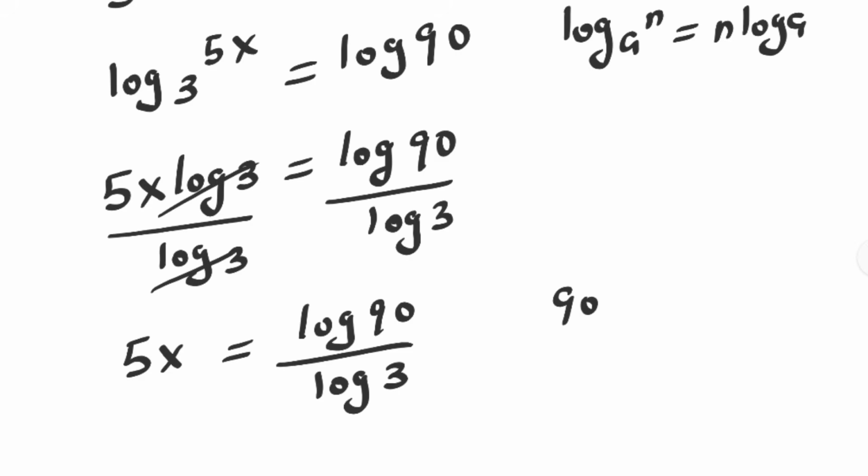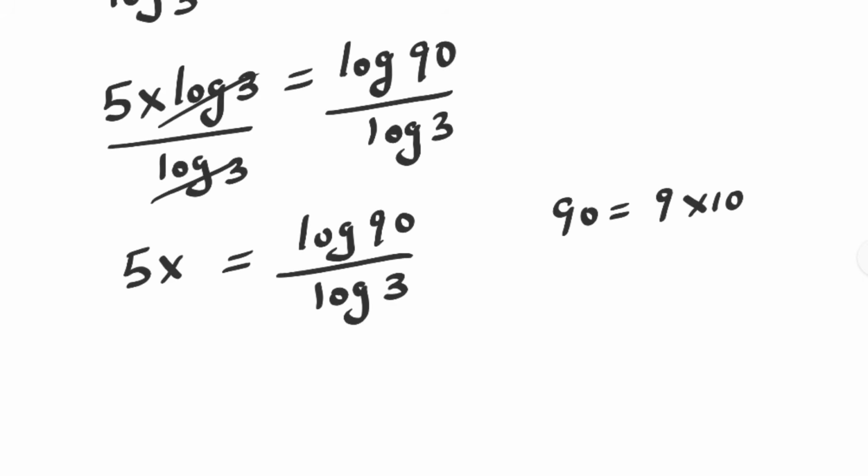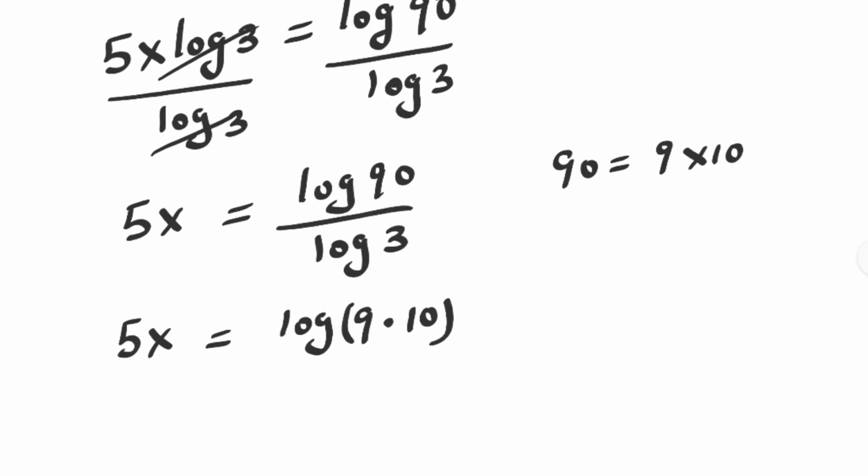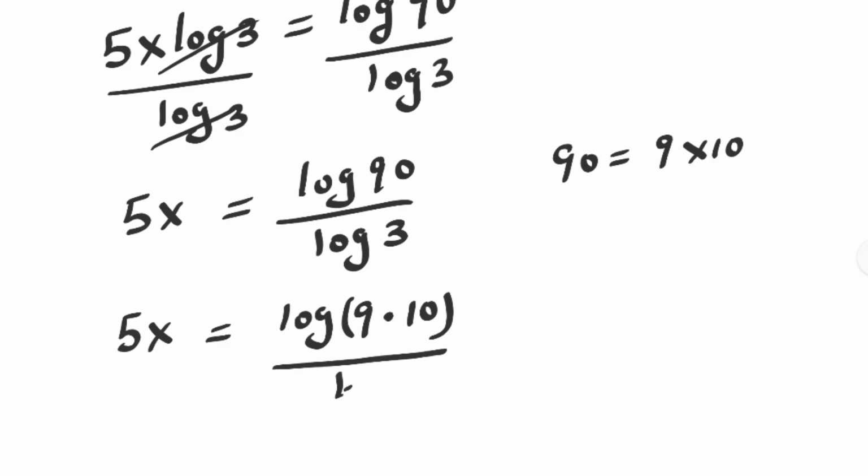But 90 is equal to 9 multiplied by 10. 5x is equal to log of 9 multiplied by 10, divided by log 3.